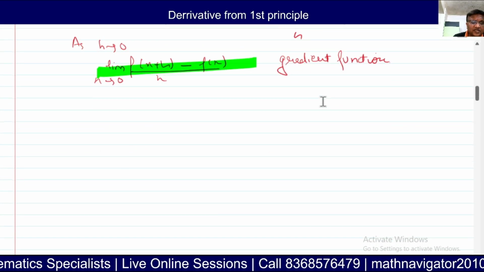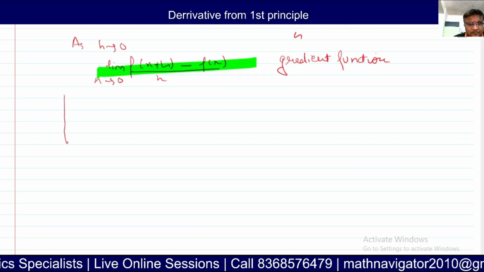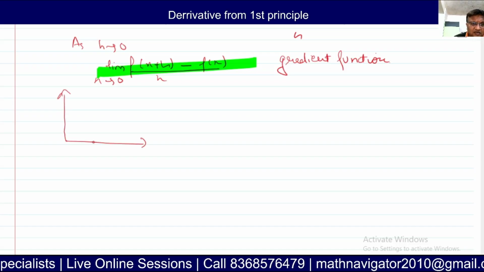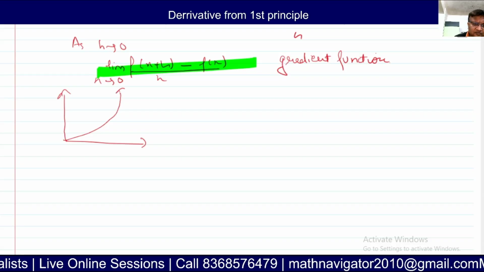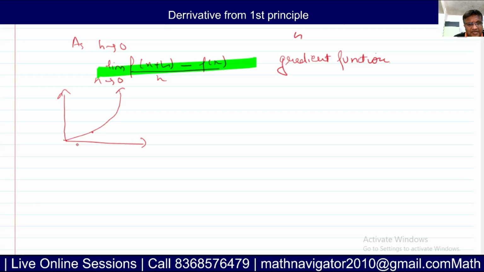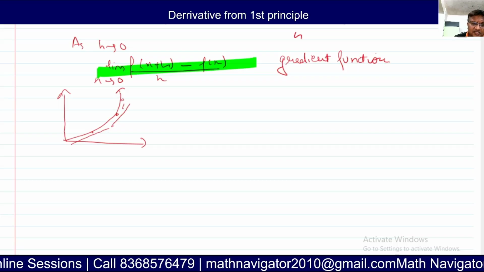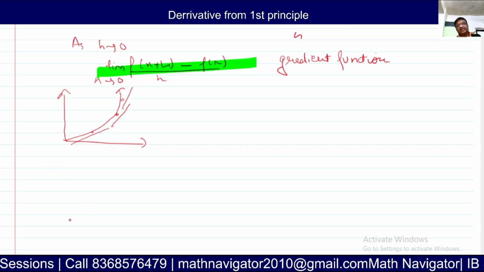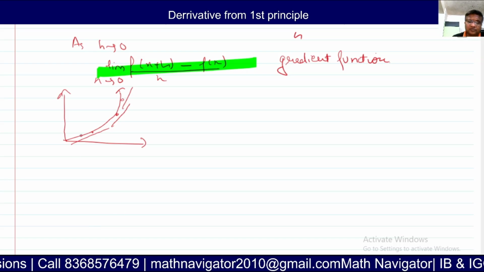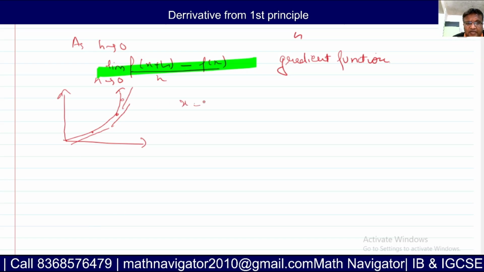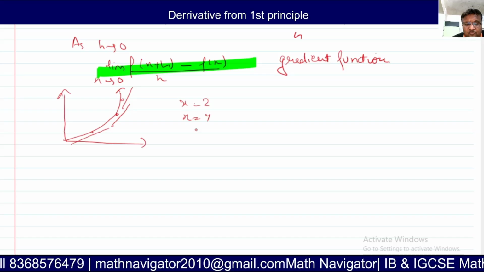So what do we mean by gradient function? If this is my curve, at every point your gradient is different, right? So you need some equation. That means at x equal to 2, my gradient will be something. At x equal to 4, my gradient will be something.